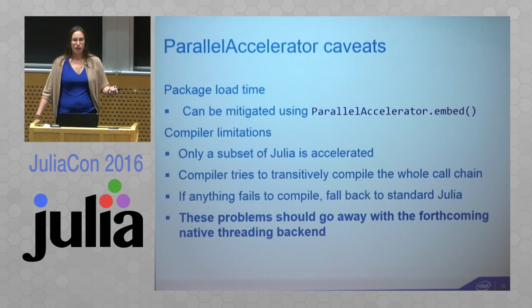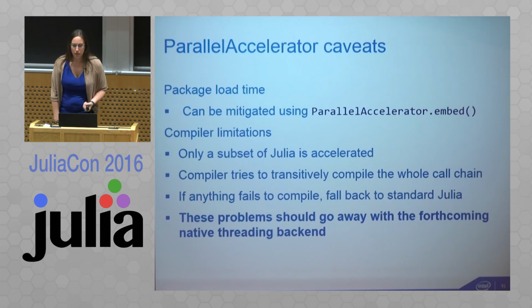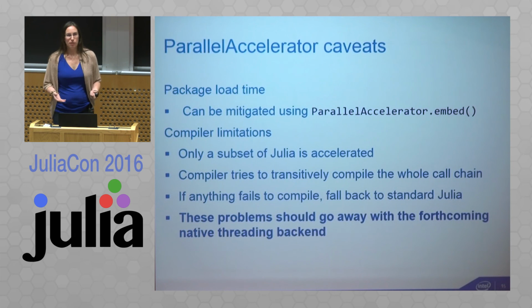So finally, some caveats. Every talk about research code has caveats. First, package load time. This is something that's come up repeatedly this week. When you use Parallel Accelerator, the first time that you try to call an accelerated function, there will be a pause while Julia tries to compile the Parallel Accelerator compiler itself. And it's a pretty big package.